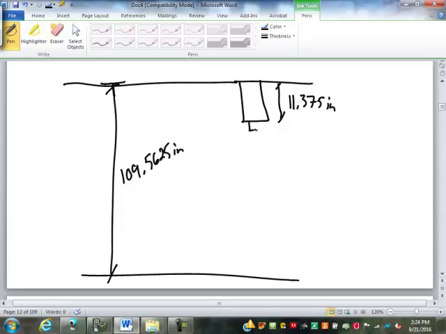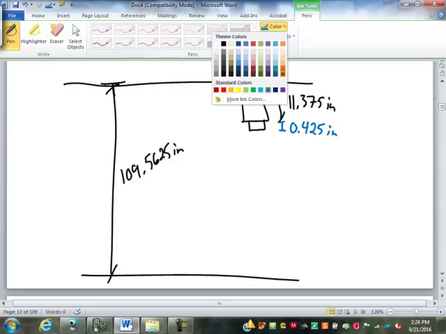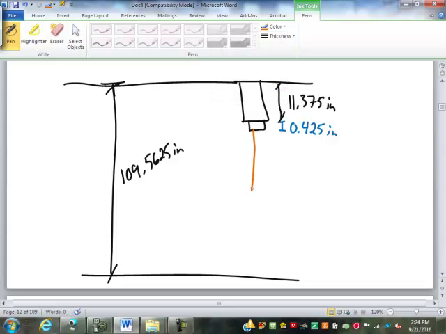On the bottom of that beam, there is a plate. This plate has a thickness of 0.425 inches. There's a post going from that plate down to the floor.